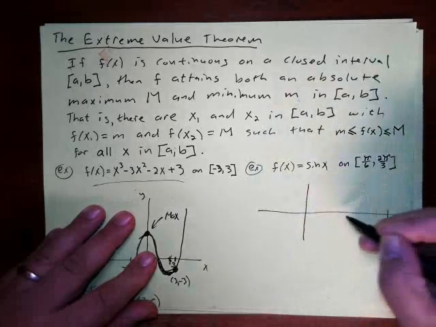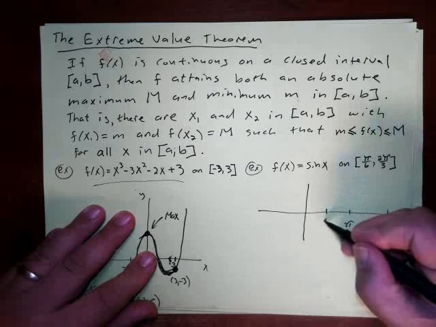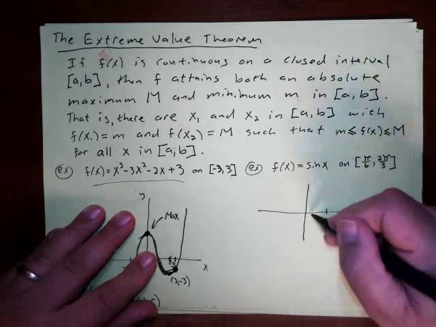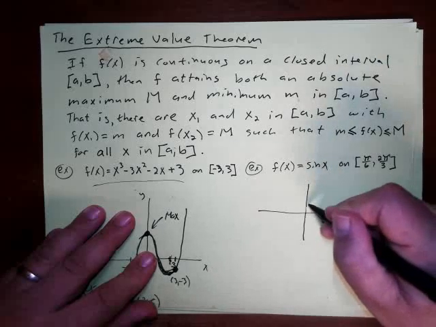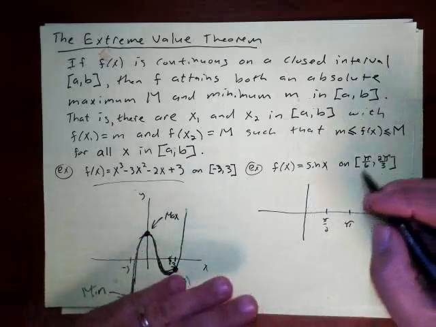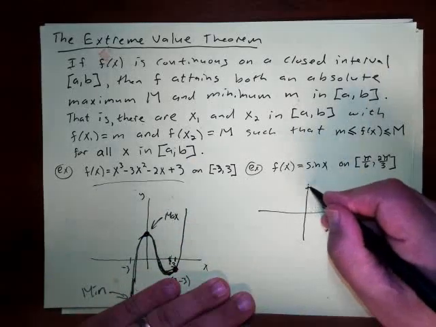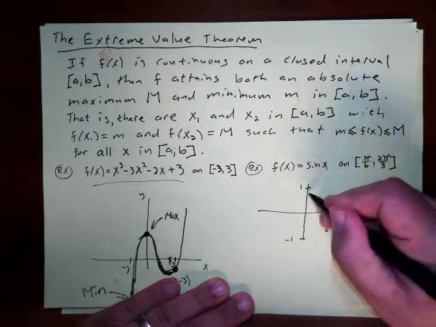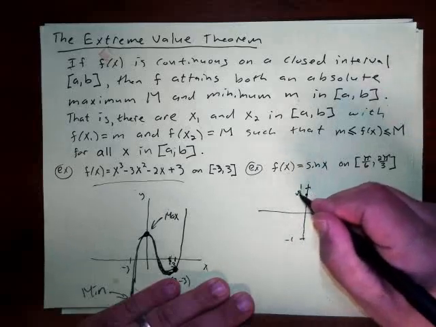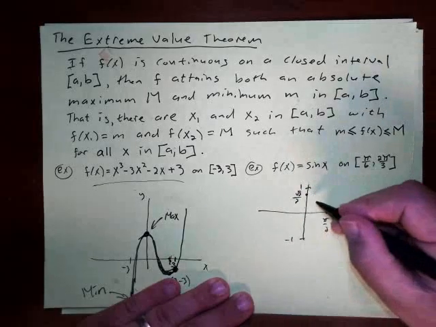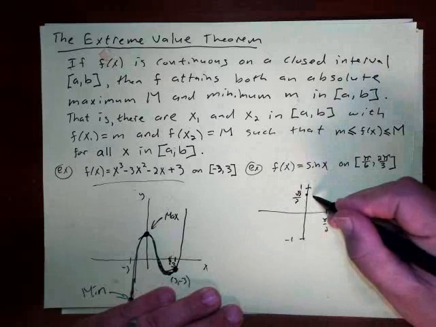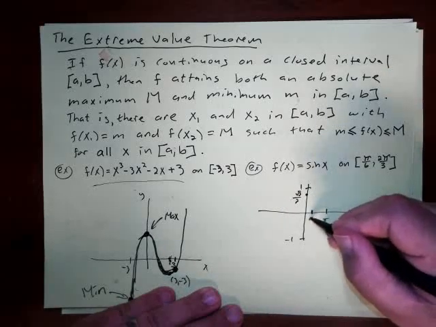If this was 2 pi and this was pi, right? And this was pi over 2, right? This would be pi over 6. And then at pi over 6, sine is like square root of 3. If this is 1 and this is negative 1, this would be square root of 3 over 2. And that's where this function is starting, pi over 6.